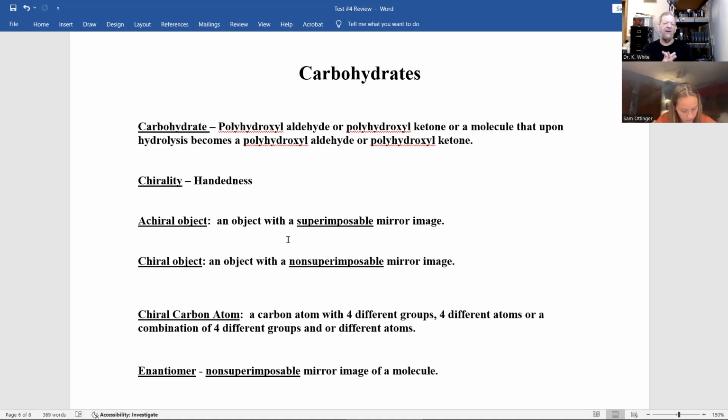Now, when we talk about objects, there are 2 types, achiral and chiral. I'll never ask the definition, but you should be able to identify what's a chiral and what's an achiral object. An achiral object is an object with a superimposable mirror image.